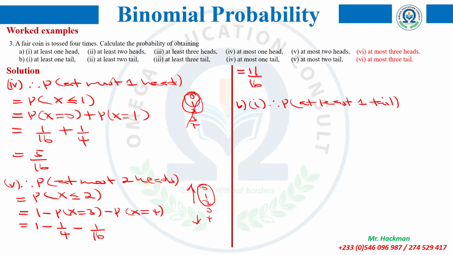None. But when we were looking at at least one head, the none was referring to the head. So it was no head. So if you have at least one tail, it's the same as 1 minus P, no tail. The none will be no tail, not no head. Point well made.